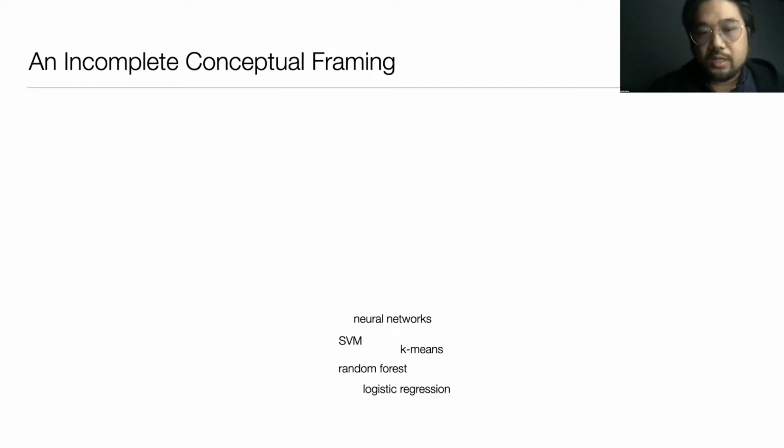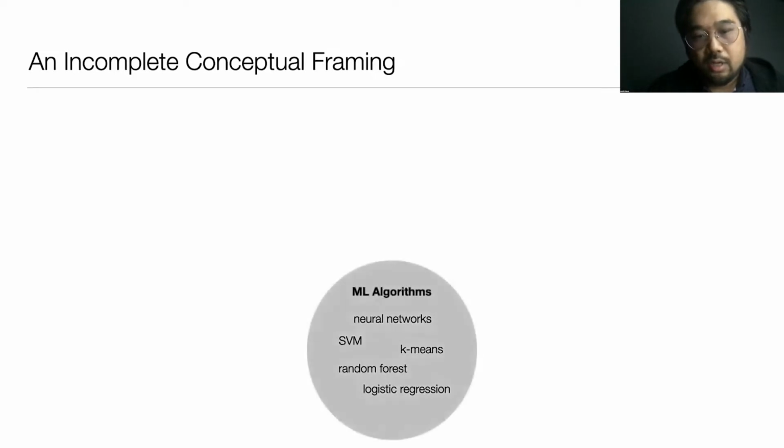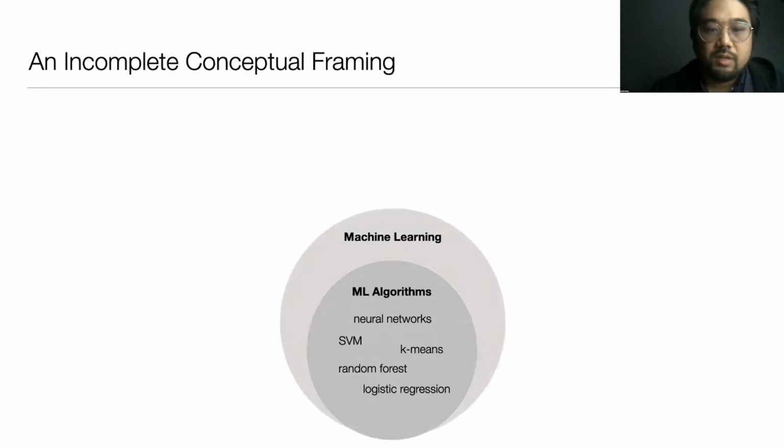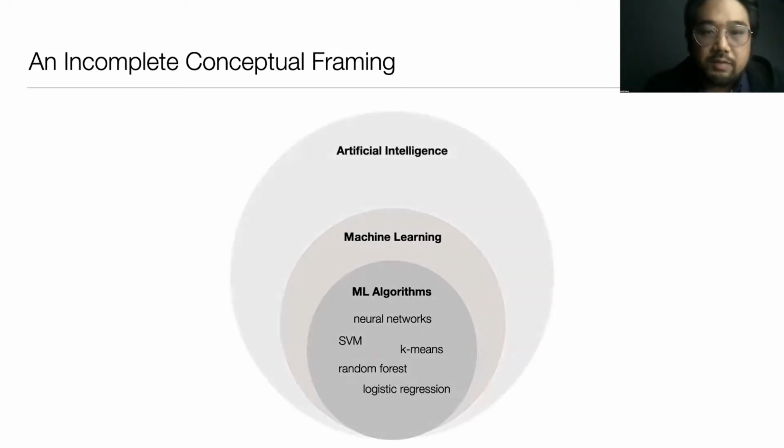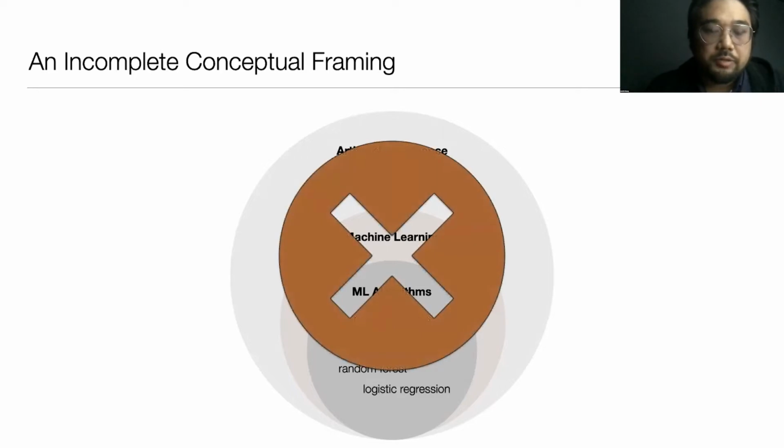So neural networks fit into the space of machine learning algorithms, which we study in this field of machine learning, which is in turn a subfield within artificial intelligence, right? And so we think of neural networks as being interchangeable with other algorithms. This is our conceptual framing of what we're doing.